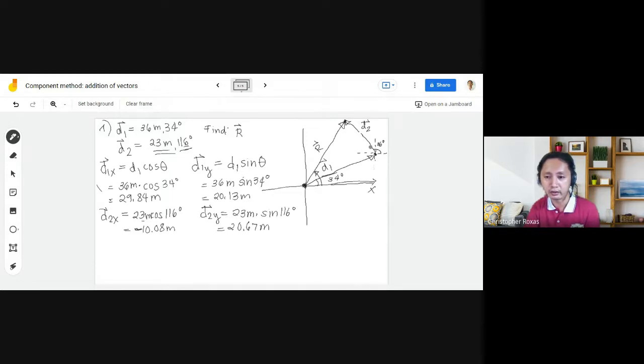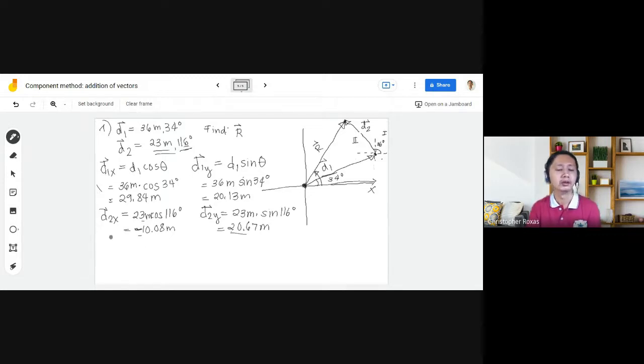D2 lies on the second quadrant. This is the first quadrant, second, third, and fourth. So in the second quadrant, x is negative and y is positive. So that is why negative came out here. D1, on the other hand, is in the first quadrant, so both are positive.